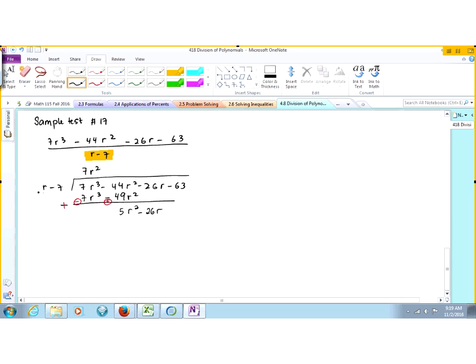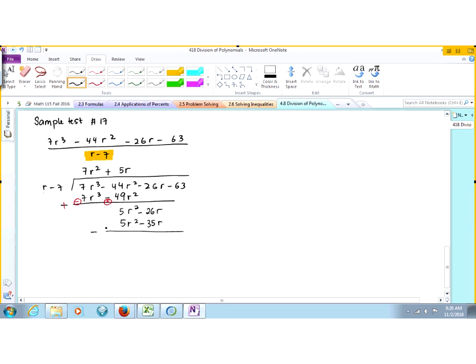Now, we have 5r squared divided by r. What is 5r squared divided by r? Plus 5r. So 5r multiplied by r minus 7 is 5r squared minus 35r.